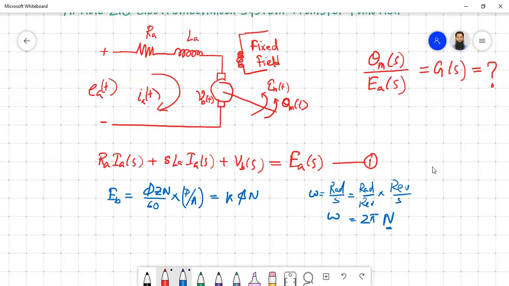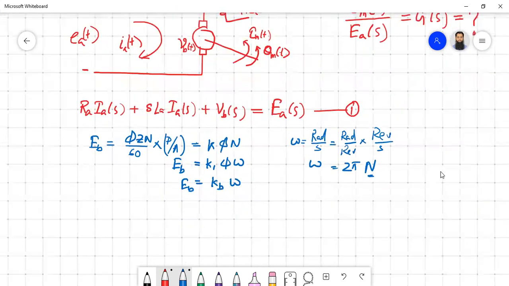The bottom line is, with another change of coefficient, we can say that k_1 phi omega equals E. Also phi is a constant, so this can be considered as a constant, k_b. So E_b equals k_b omega. But we are talking about the dynamics here.